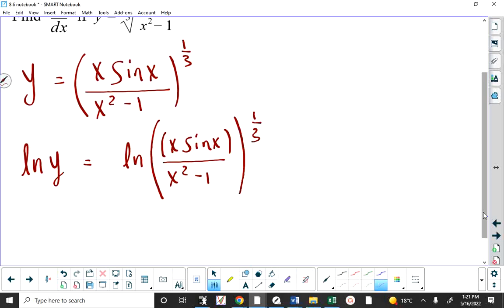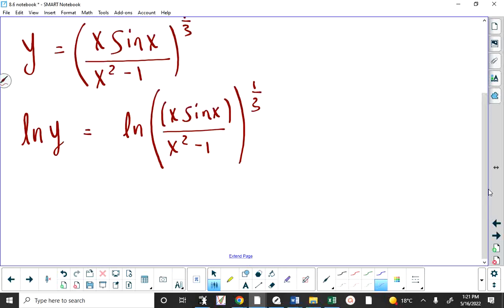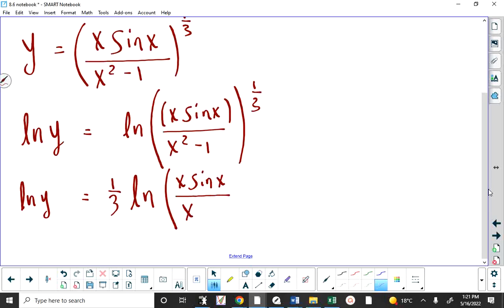And that allows me to move that exponent out in front. If I move the exponent in front, I get ln of y equals 1/3 ln of x sine x over x squared minus 1. Any questions to that stage?